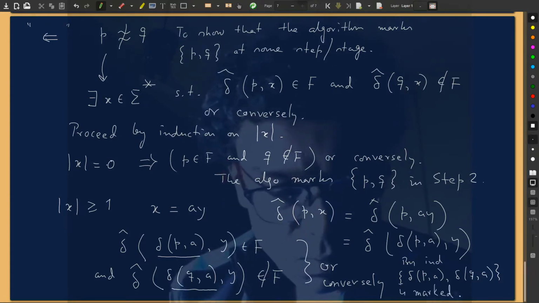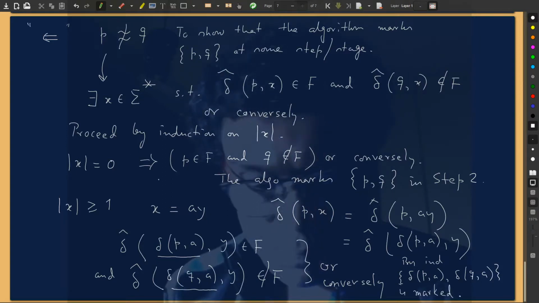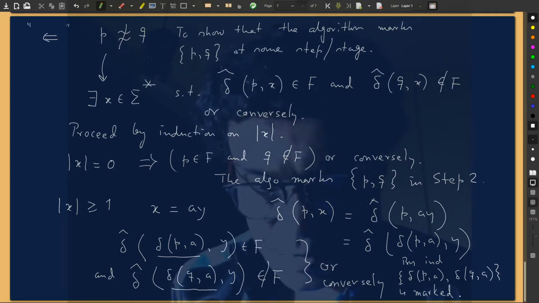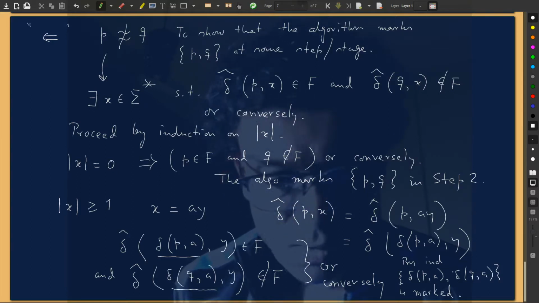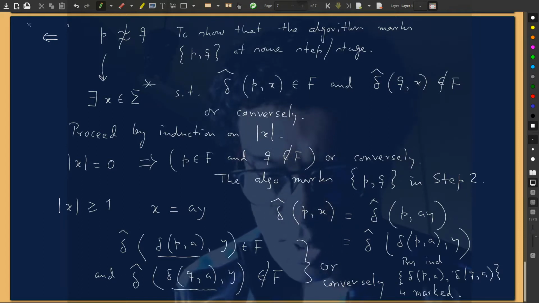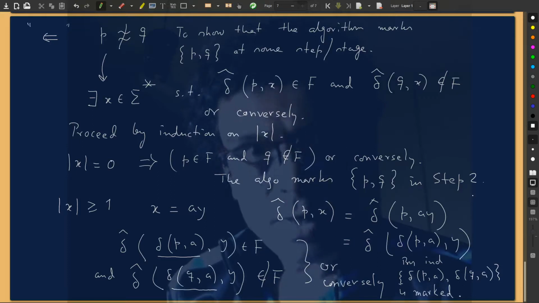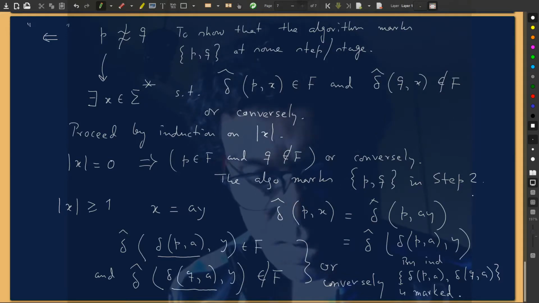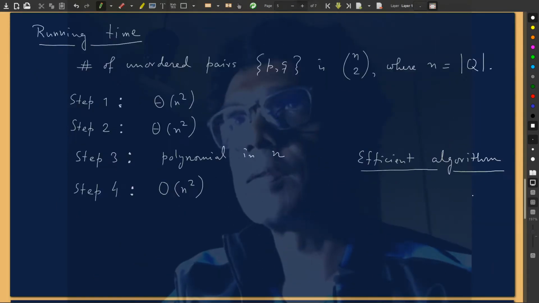But now we have some P and Q, and we see that delta PA and delta QA, this combination, is marked. So now this algorithm will mark P and Q. Okay, so that's essentially the proof. Okay, fine. So that's about this algorithm, its correctness and necessary things.